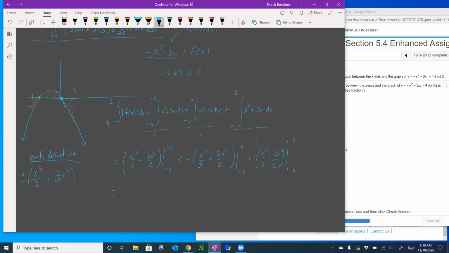Okay, so let's do that. We plug in a -3, I get -27 thirds plus, sorry, -27 thirds, and 27 halves. Okay, so there's the positive bit. The subtraction bit is the -4. So at -4, that becomes a -64 thirds and a plus 48 halves. Then I'm going to subtract.